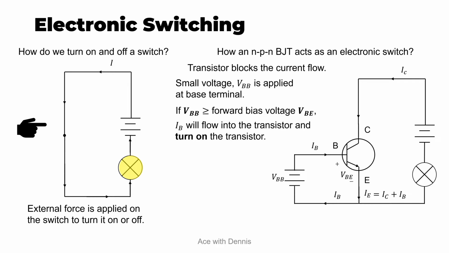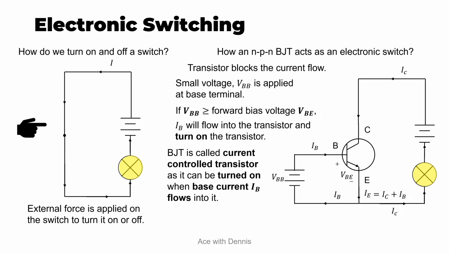After that, these two currents will split, where the IB will flow back to the negative terminal of VBB, and the IC will continue to flow, turn on the light bulb, and then flow back to the negative terminal of the battery. BJT is called a current control transistor as it can be turned on when base current IB flows into it. For BJT made from silicon, VBE equals 0.7 volt.